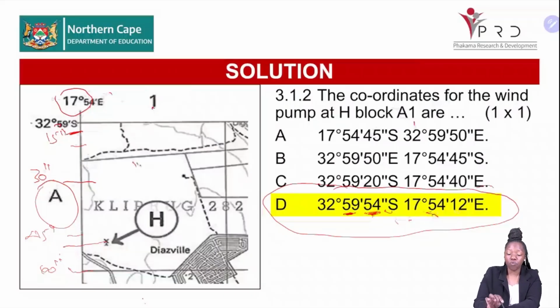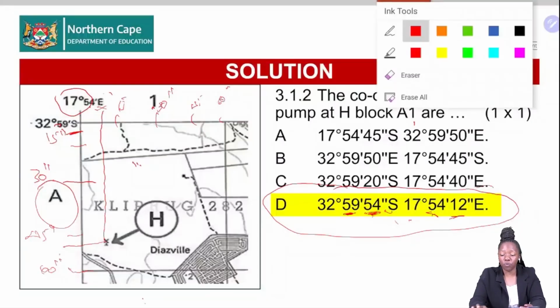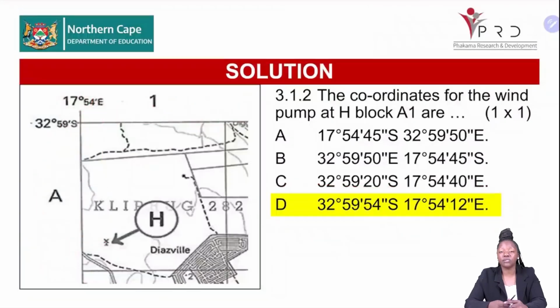Then again, you further divide the block into 30 seconds, then further divide into 15, and then again into 45 and 60. Then you locate our fixture, hence we have 12. So that's how you work it out if you are not given the options.